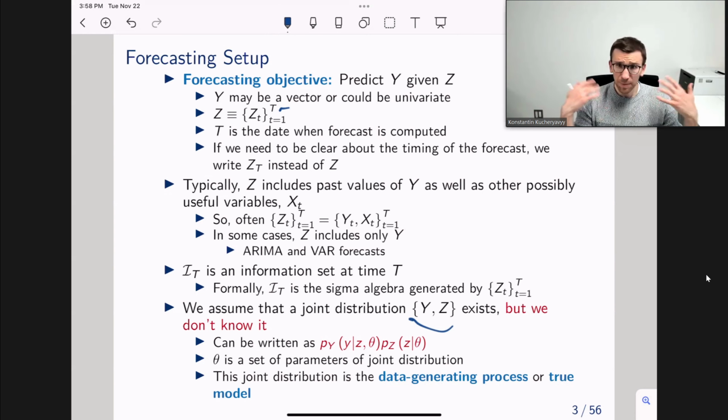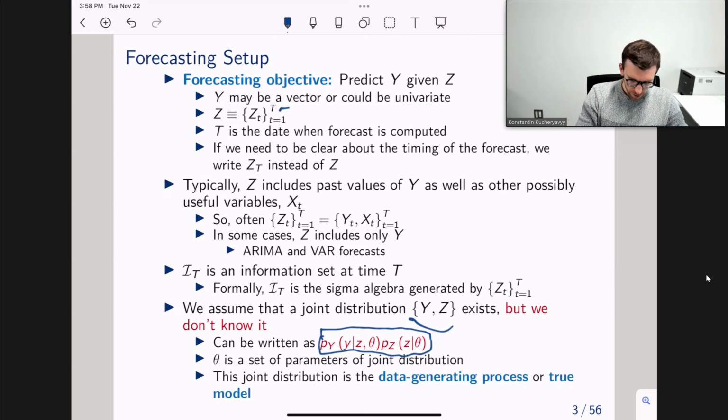We just observe some data and we don't know where it's coming from, or maybe we don't know the precise model, or even if we know the precise model, we don't know the parameters. So we just write it as some joint distribution that has a probability density function written like so.